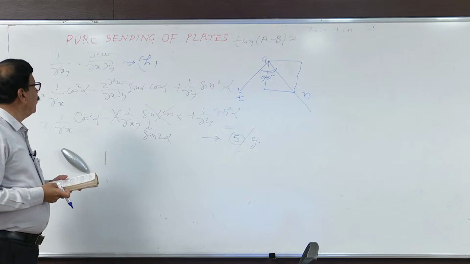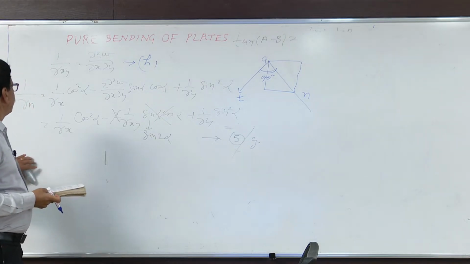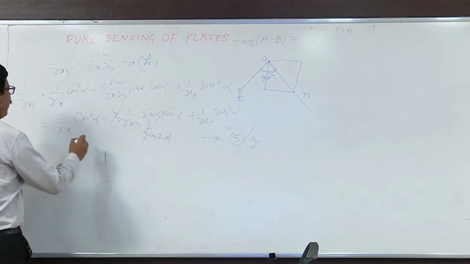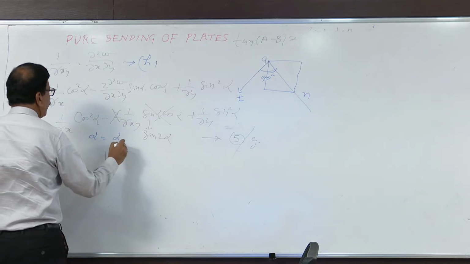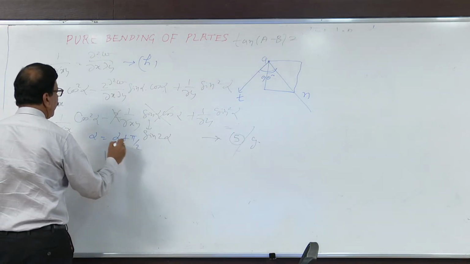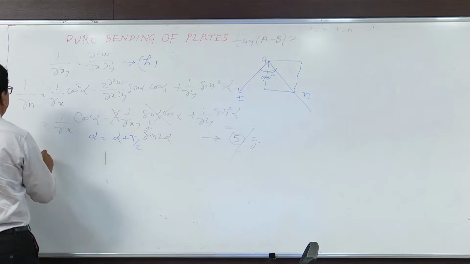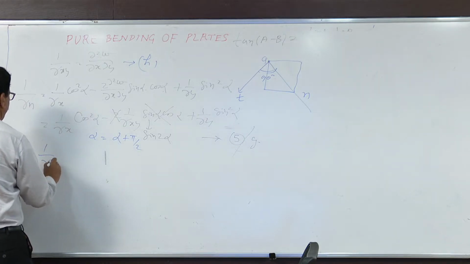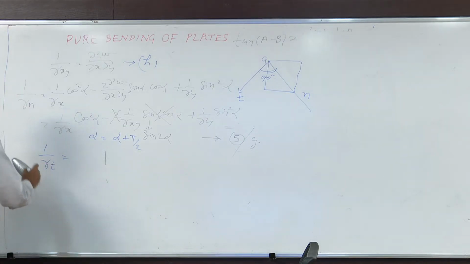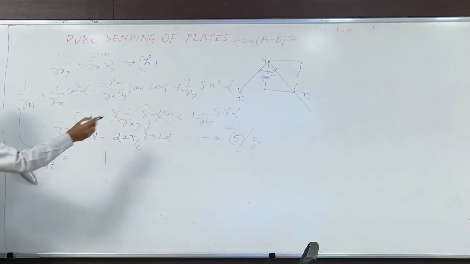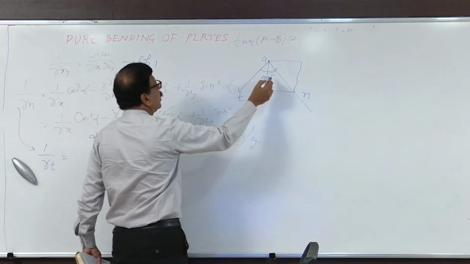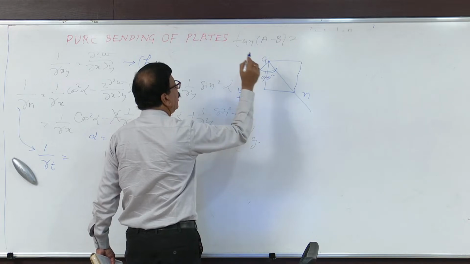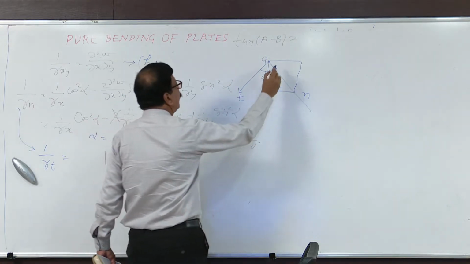Now you put the value here, instead of alpha you put alpha plus pi by 2 or pi by 2 plus alpha, vice versa. So you will get 1 by Rt instead of Rn, because it is perpendicular to this. Instead of alpha you put the 90 degree, here it was alpha.